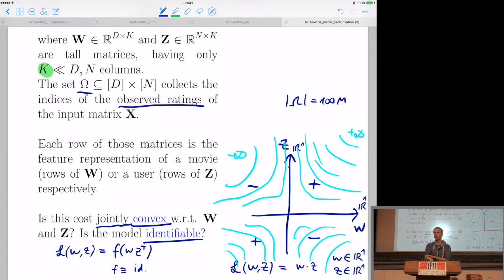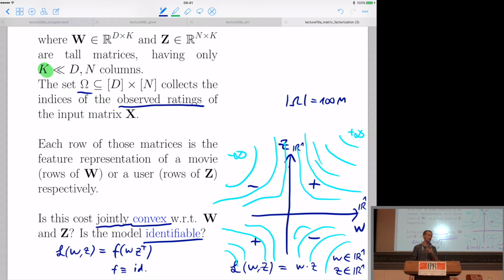So the thing to observe here is, what's the difference between L and F? F takes one matrix. It depends on the product. And L takes two matrices. So if you ask about convexity of L, that's a very different thing than to ask about convexity of F. F here is very simple. It's convex.